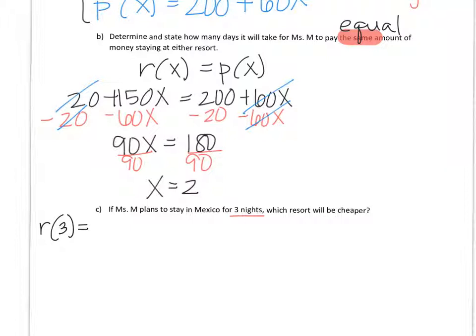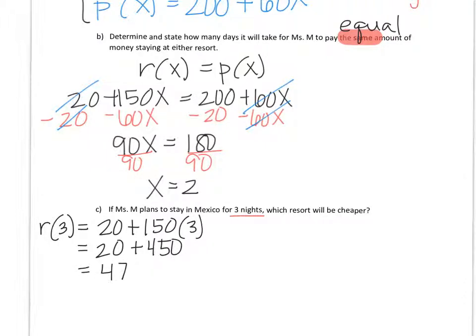So that's going to be 20 plus 150 times 3. 150 times 3 is 450. And then 20 plus 450 is 470. So for Miss M to stay in Rosarito for 3 nights, it costs $470.